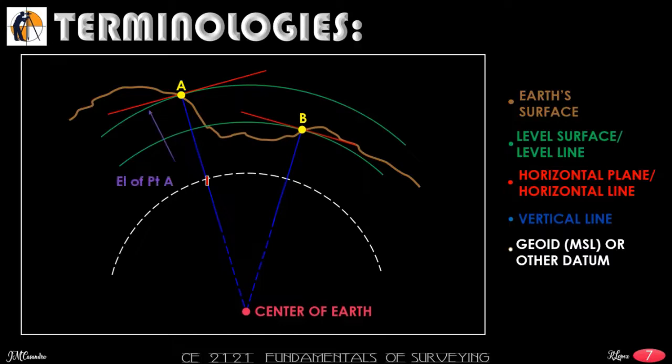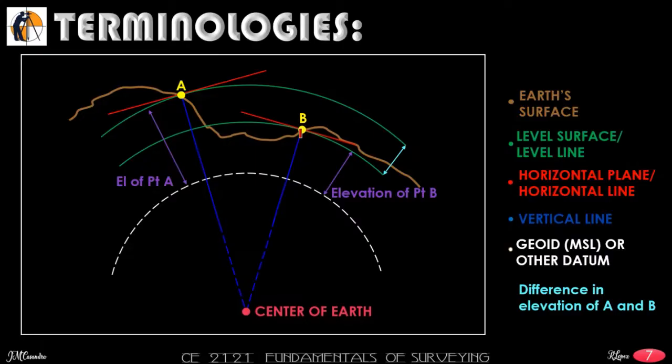Our elevation now will be from the datum or any reference point to point A is its elevation, and for point B, it will be from the datum or any reference line to point B. The difference now between elevation A and elevation B will be elevation A minus elevation B. These are the values that we take in measurement of vertical distances or leveling.